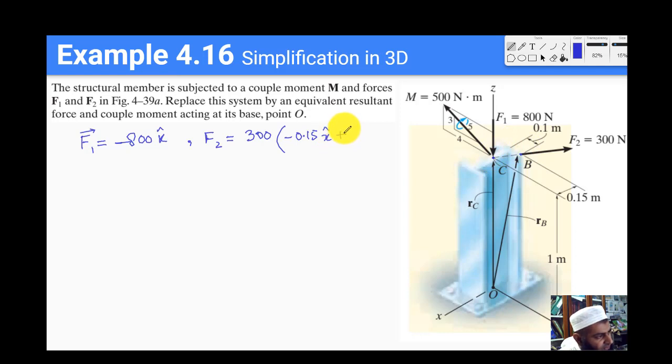So this is not x hat, sorry, this has to be i hat. And similarly we get the second term, which is 0.1 j hat. And to convert it into a unit vector, we have to divide this by its magnitude, which is the square root of 0.15 squared plus 0.1 squared.